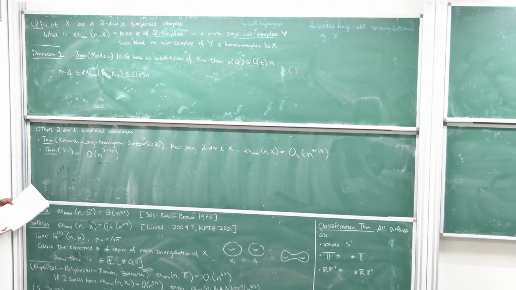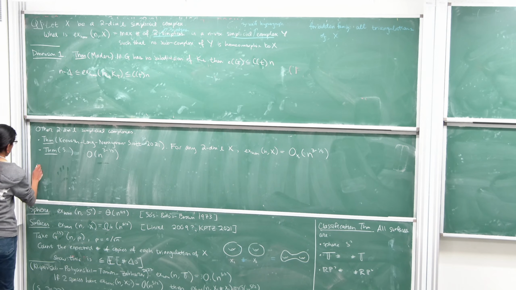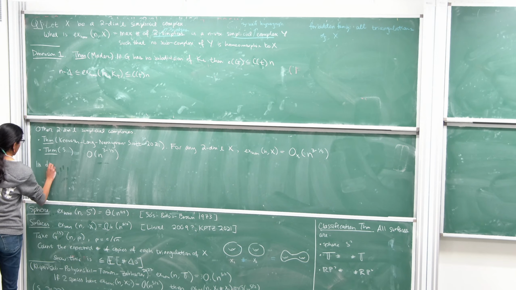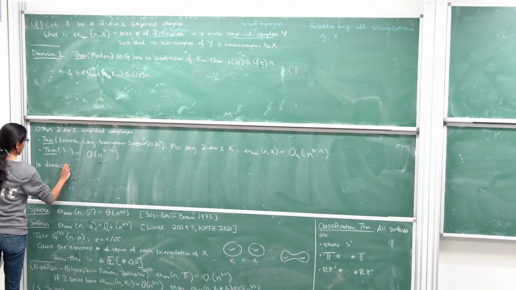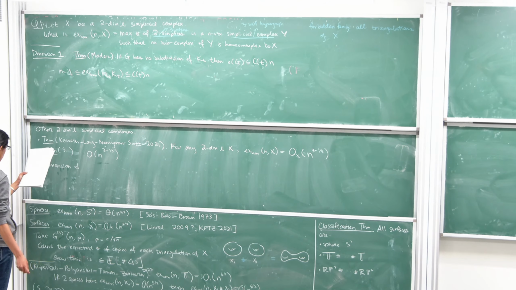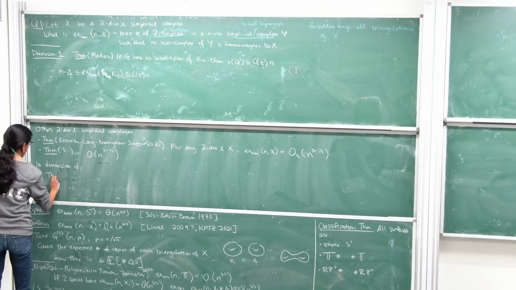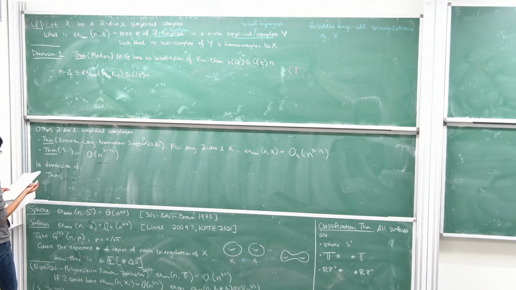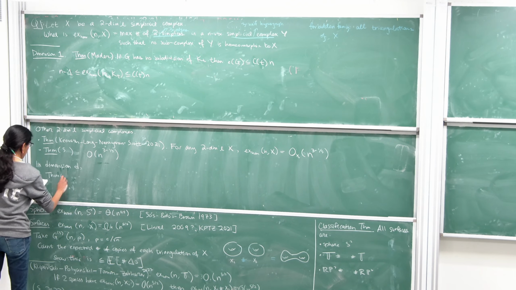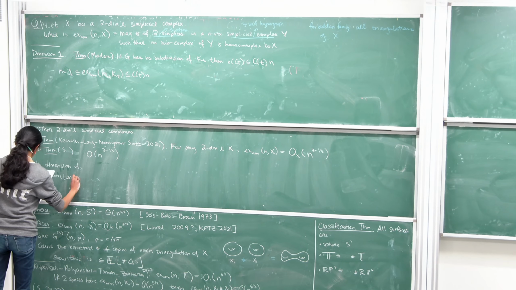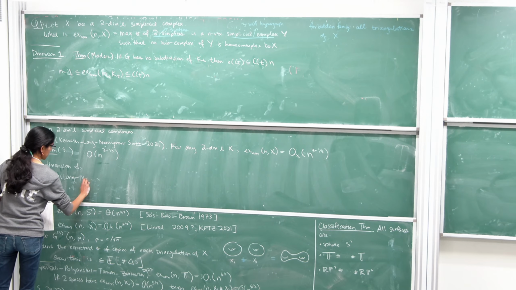And then, one more thing I want to mention is that in dimension d, we also know that there's a universal exponent. This is due to Long, Mara, and Yap.